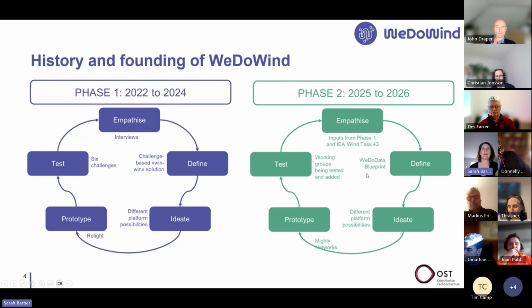We then defined what we call a WeDoWind blueprint, which I'll tell you about in a minute. We then looked at some different possibilities for new platforms. We then came up with this suggestion to use the platform called Mighty Networks. We created a prototype of the whole thing, and now this week we launched this new platform, and we're testing it. We're expecting this to last until next year.